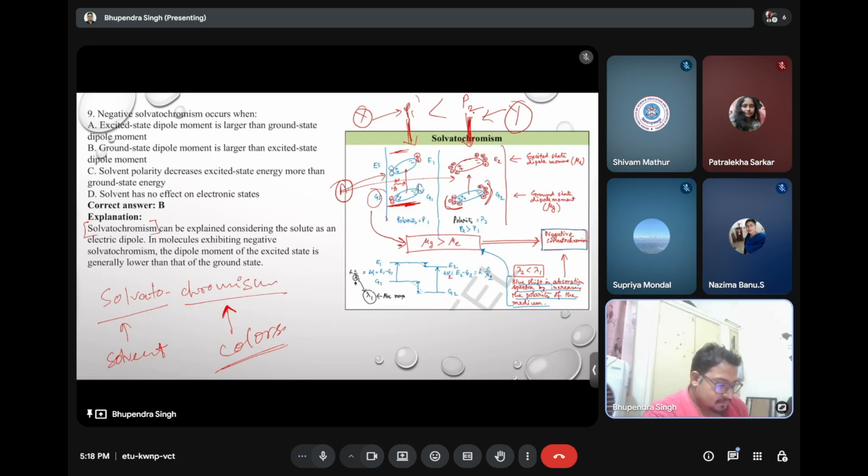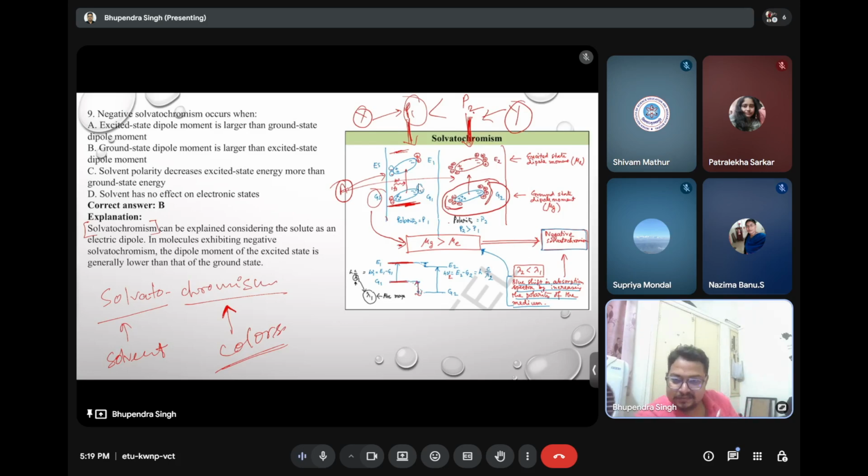But in the P1 solvent the polarity is less, so it will not stabilize that much compared to P2, because only two negative and two positive will be there. This is the ground state, excited state. When the polarity is higher, this Z2 will be more stabilized, so this difference is there.